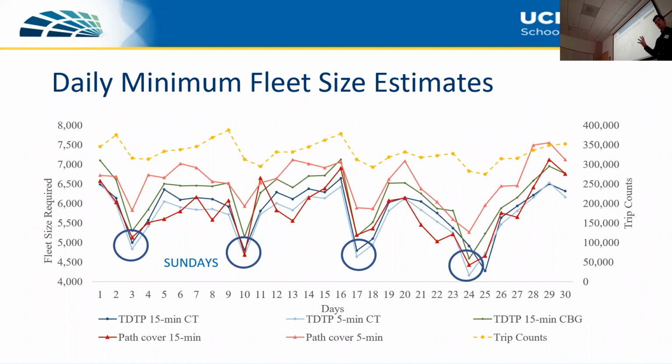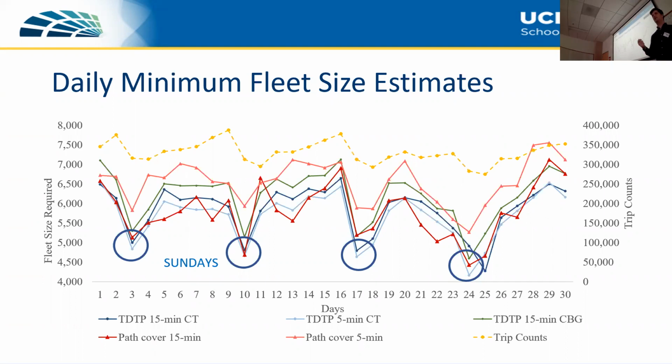So this is that same set of results in a different way. We have two y-axes. The right-hand side is the number of trip counts. That y-axis is only associated with the dashed line, which is the number of trips. The left y-axis is the fleet size, and the x-axis is the days of the month, so days 1 through 30. I've circled the Sundays.